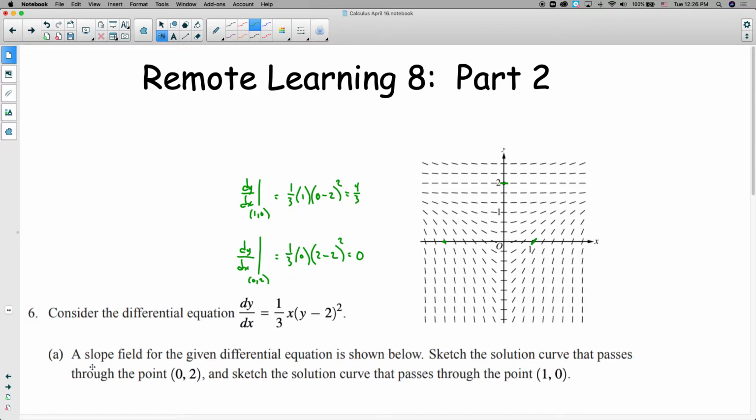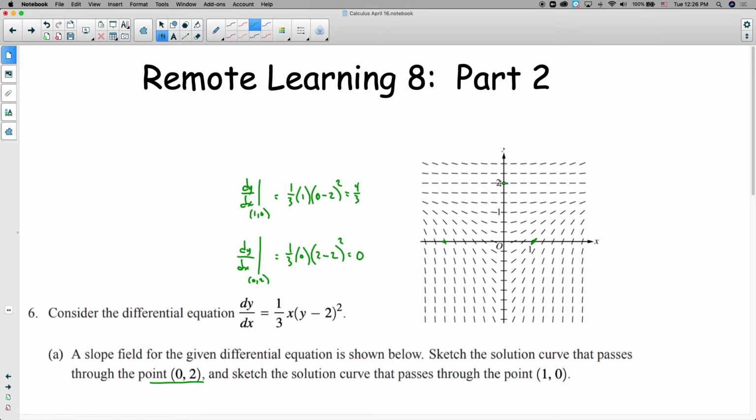So a slope field for the given differential equation is shown below. I actually moved it up above, so it's this one. Sketch the solution curve that passes through the point (0, 2). Okay, so I'll stick with green for the point (0, 2). And we're to draw the original function, the solution curve, knowing that its slope at (0, 2) is flat, is 0.